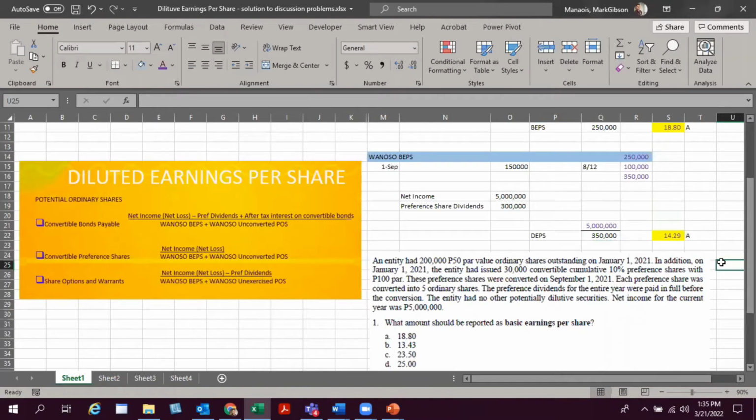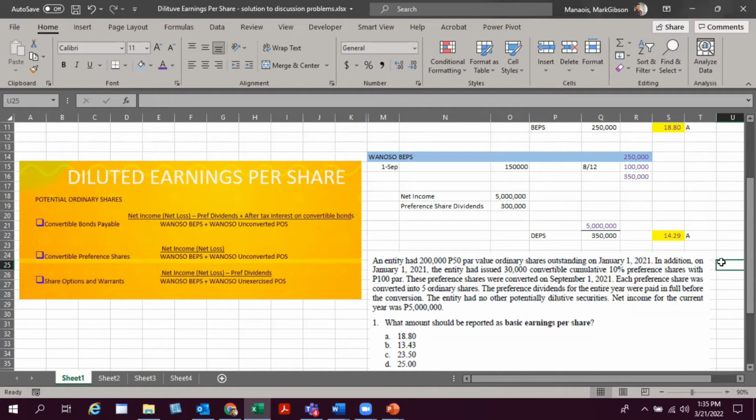Siguro isa pang kailangang tandaan dito is yung palagi ko sinasabi kanina na effect ng preferred dividends. It's as if converted at the earliest presentation, so wala ka nang kailangang bayarang dividends. In this case, the date of issuance of the convertible preference shares took place on January 1, 2021.